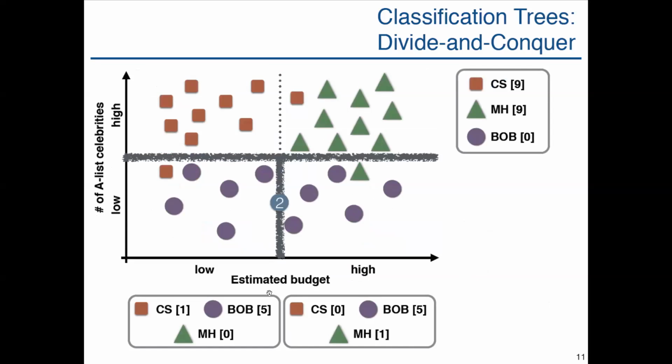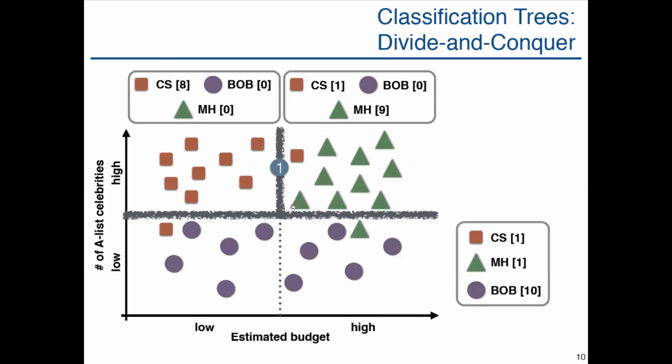If you split this further, you have 5 box office bursts on one side and 5 on the other side, and it doesn't really help you in terms of classification, because you would classify this side as box office burst and this side also as box office burst. So the first split that we found here seems to be better.